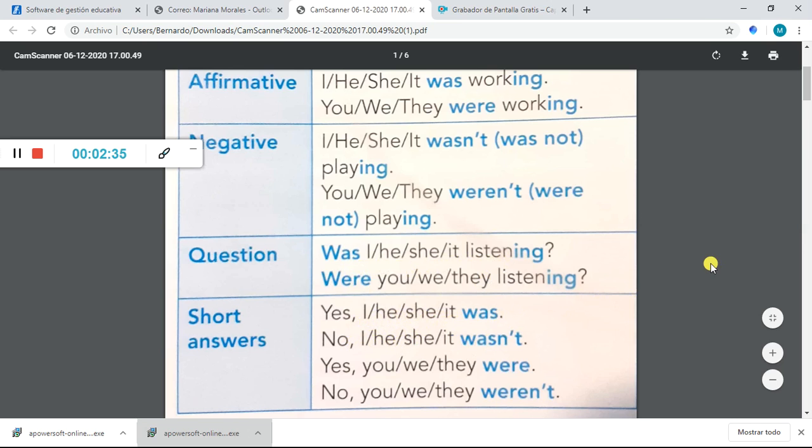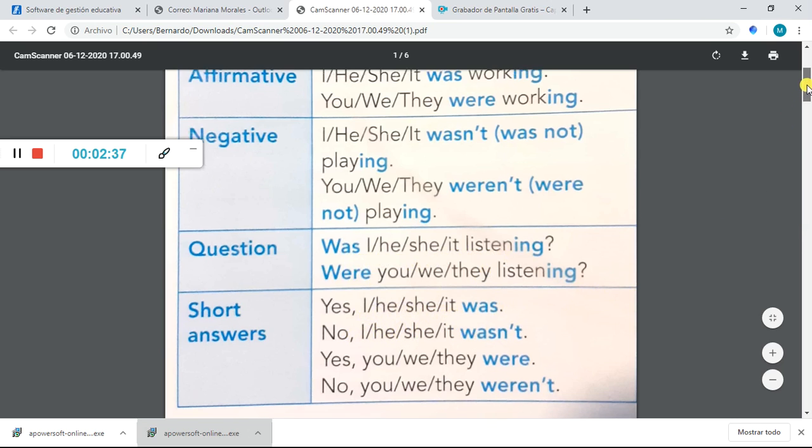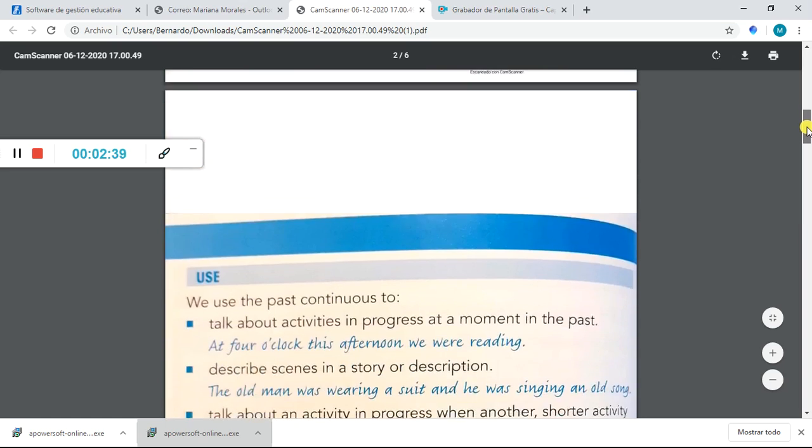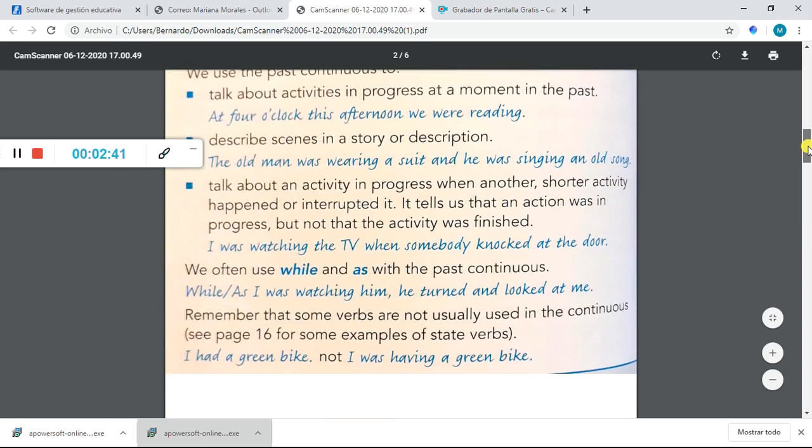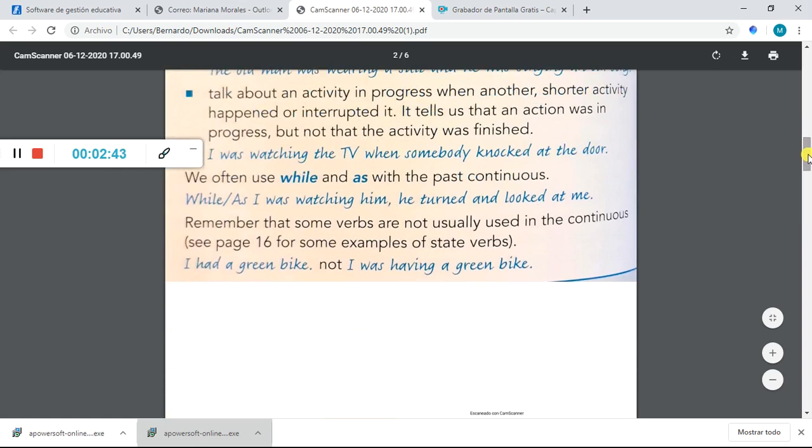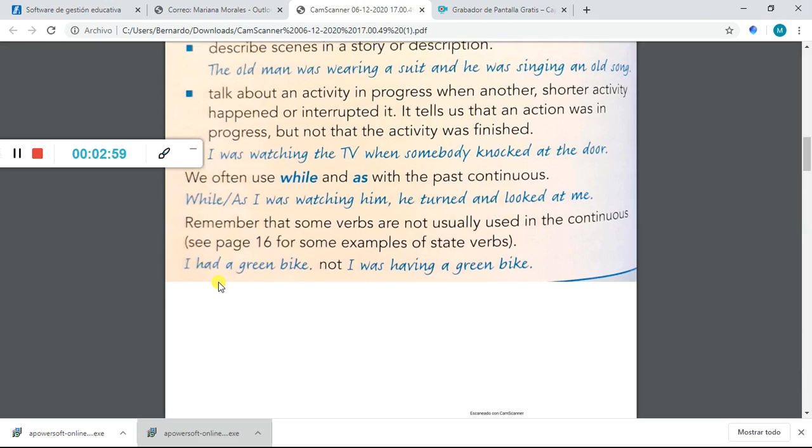So, the idea is that they are used for a period of time in the past and sometimes they are used in combination with past simple for actions that were taking a longer time and were interrupted in the past by a shorter action. The actions which are described only in simple past are actions which are completed in the past.